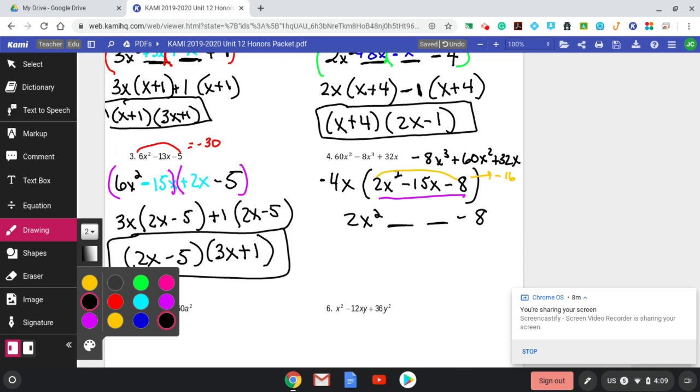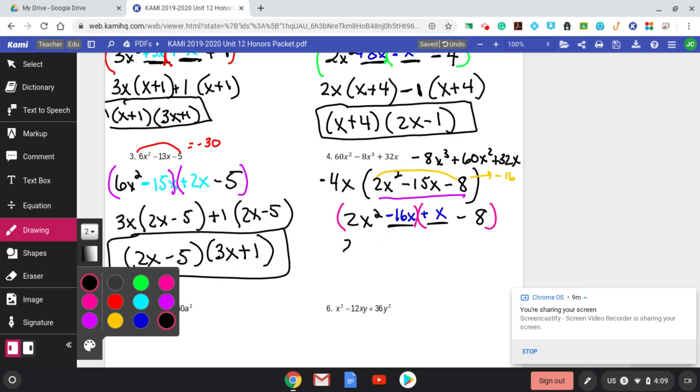Can you start thinking about two numbers that multiply to negative 16 but add to negative 15? How about negative 16 and positive 1? That'll do the trick. All right, let's group them. What do you want to take out of the first one?